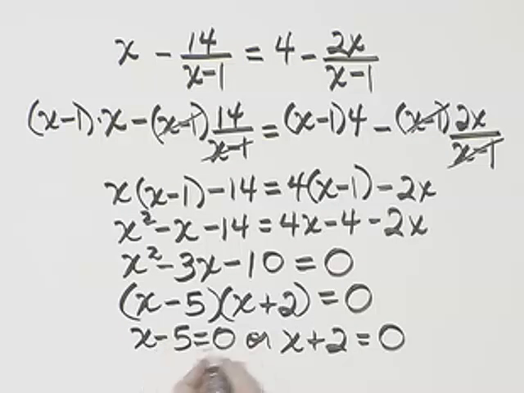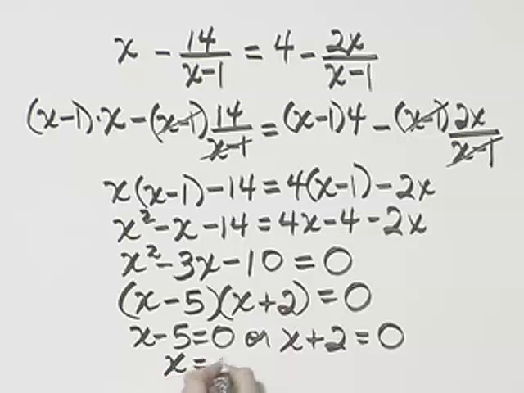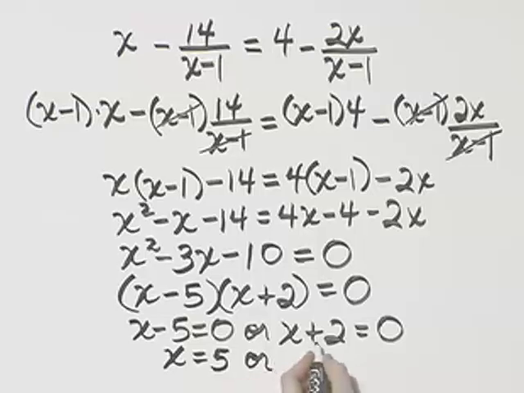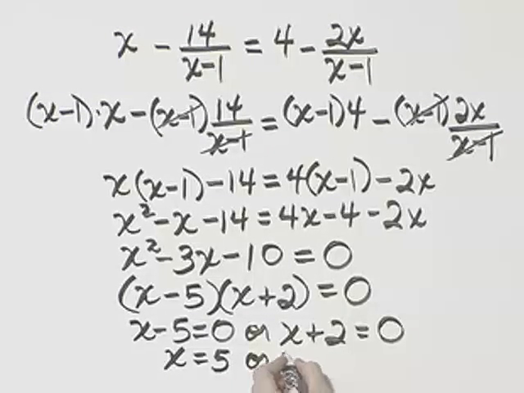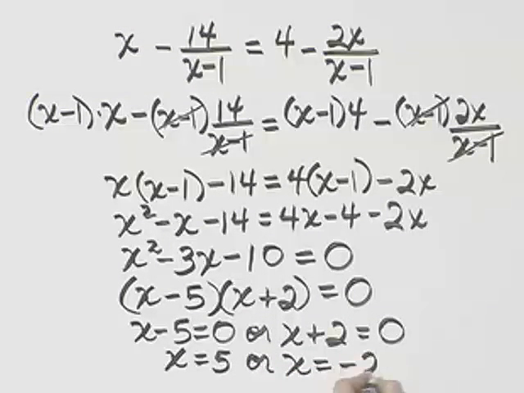How do I solve this? I add 5 to both sides, so x is 5, or here I'll subtract 2 from both sides, x is negative 2.